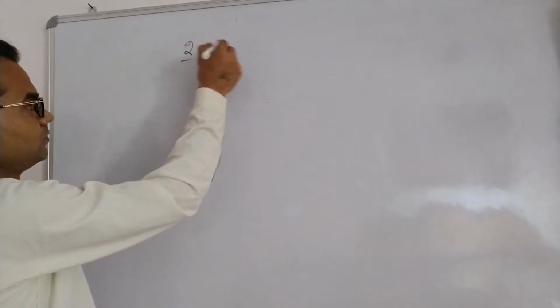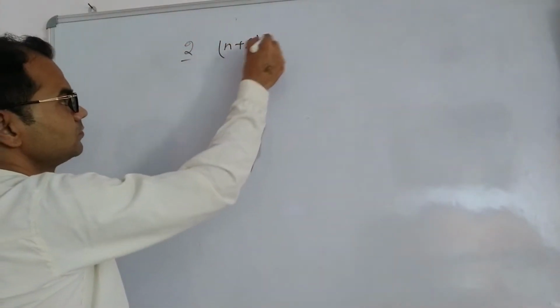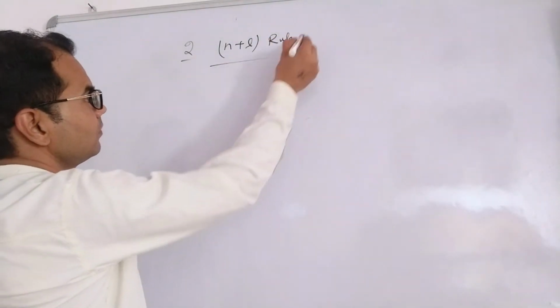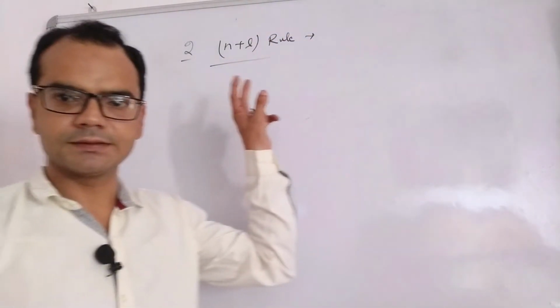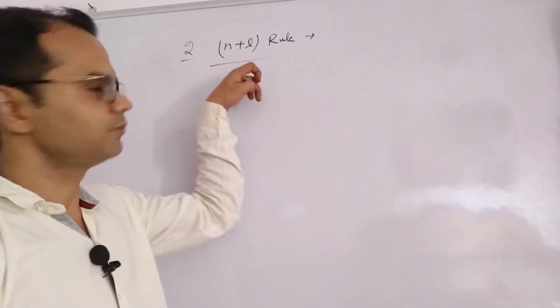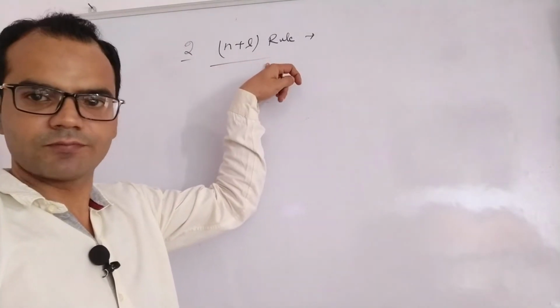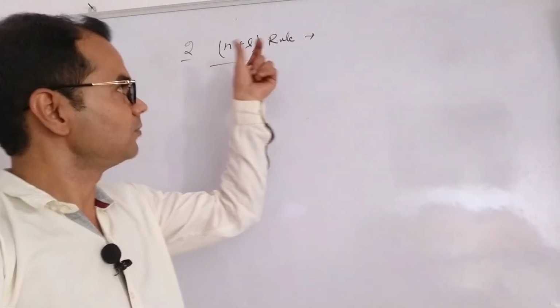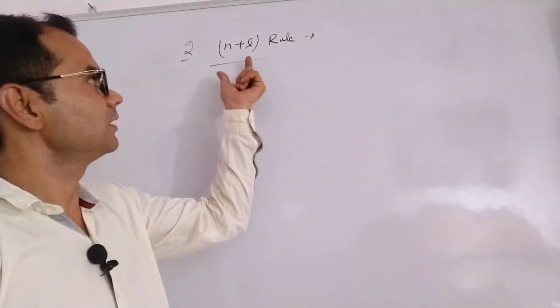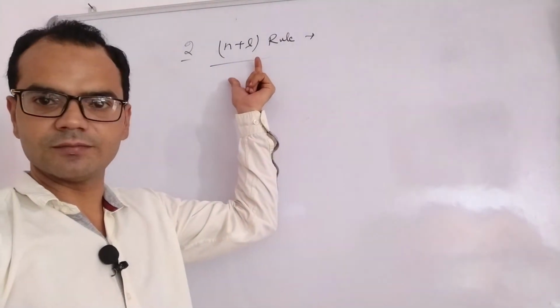Second is the N plus L rule. N is the principal quantum number, L is the azimuthal quantum number. The sum of the principal quantum number and azimuthal quantum number.